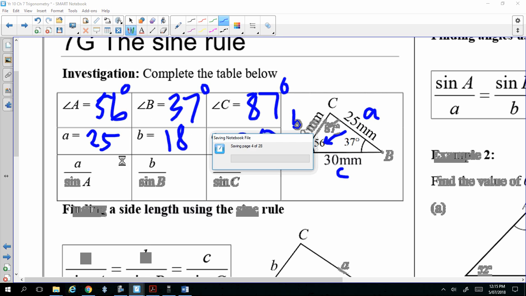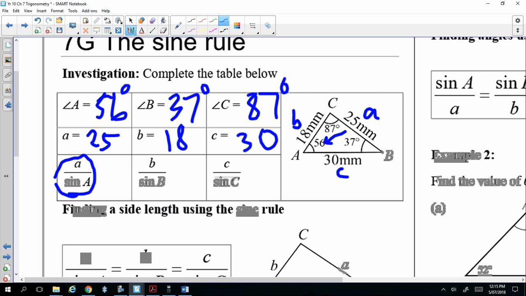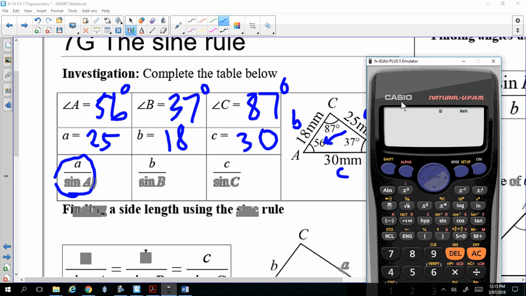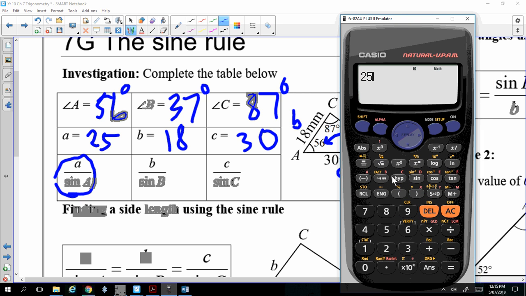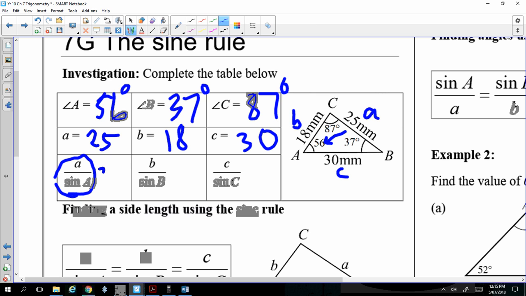So let's experimentally find the value of A over sine A on your calculator. On your calculator, do A, which is 25, over sine 56, close bracket. Gives you 30.15, or just 30.2. Correct to one decimal place.